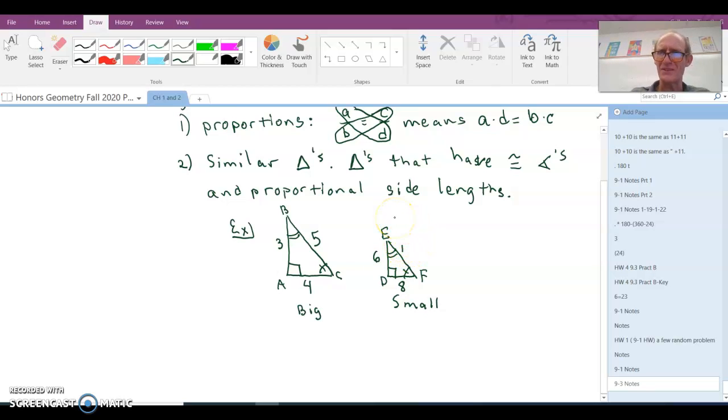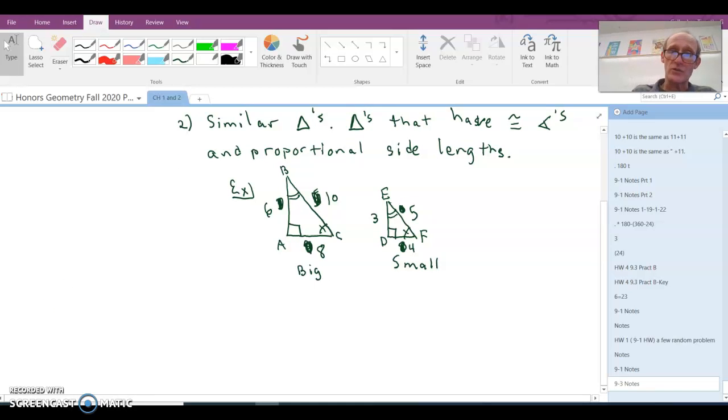Oh, that was silly. I'm silly. So I'm going to do 6, 8, 10 over here and 3, 4, 5 over there. So this is 6, and this is 8, and this is 10. And this is 3, this is 4, and this is 5. Okay.